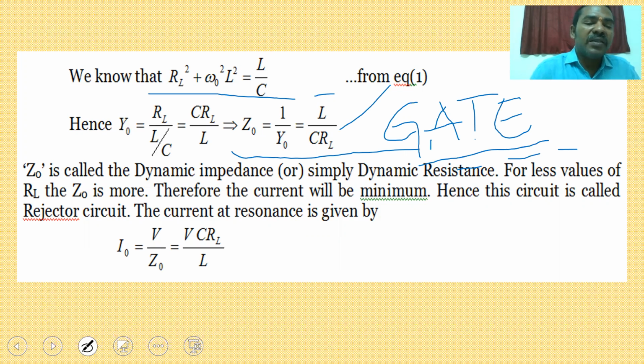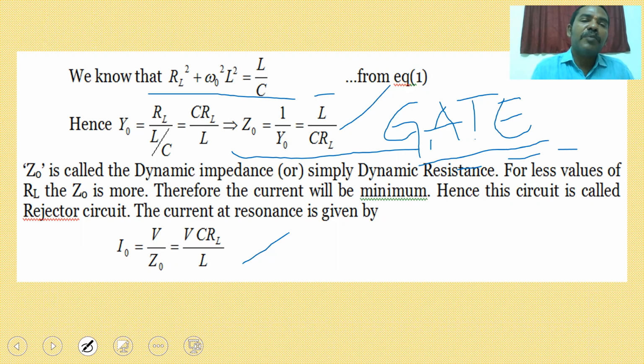And under resonating condition, V by Z naught is V into CRL divided by L. So this is your practical circuit. If resistance is also not there, then it is a tank circuit, only inductance and capacitance connected in parallel. That also you can get with the same values, replacing resistance equal to 0 in these equations.